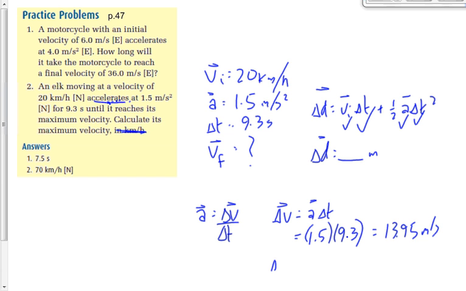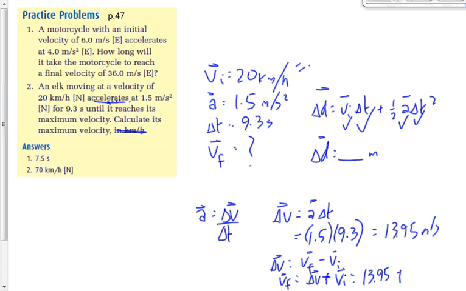We want to find the final velocity. Well, we know that delta V is equal to VF minus VI. So it becomes VF equals delta V plus VI. Take the VI over by adding. Delta V is 13.95. 13.95 plus 20 kilometers per hour, which is what in meters per second?